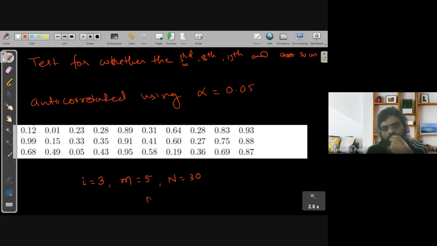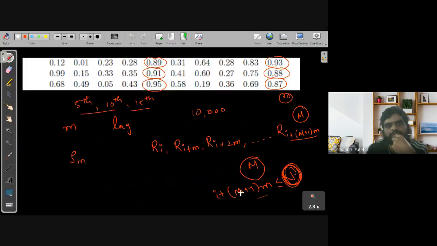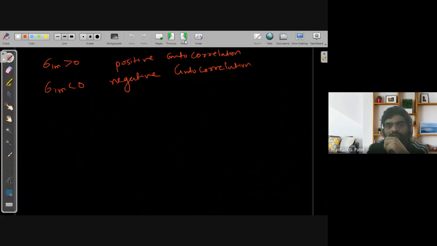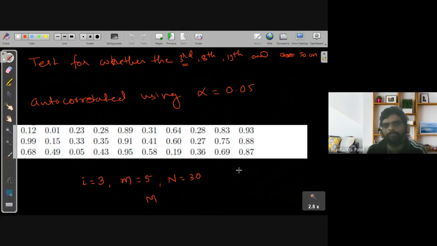Now how to calculate the value of capital M? As per this, the condition is i plus capital M plus 1 into small m is less than or equal to capital N. So we will use that one and calculate capital M. We have i plus capital M plus 1 times 5 less than or equal to capital N. 5 is small m. The value of i is 3, plus capital M plus 1 times small m, which is 5, less than or equal to 30.